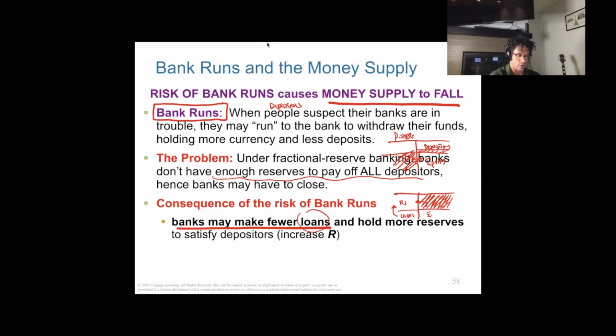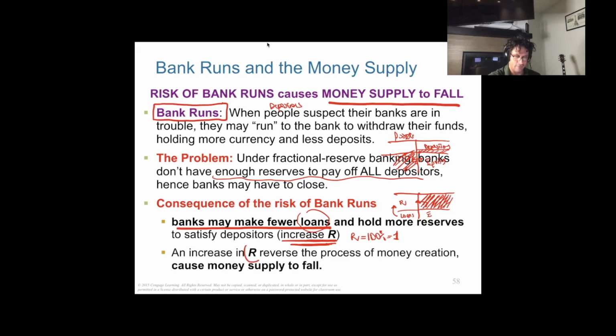And remember, fewer loans means an increase in the reserve ratio. In the limit case where banks do not make any loans, the reserve ratio is equal to 100%, equal to 1.